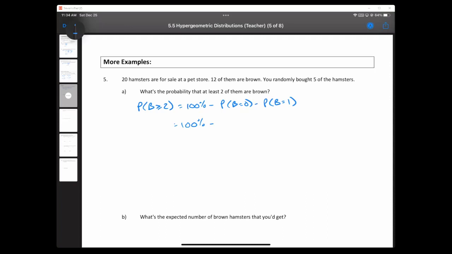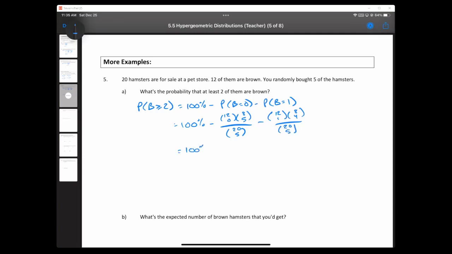Okay, so 0 brown. 12 of them are brown, so we have 12 choose 0, and 8 non-brown, we're going to choose 5 of those. And on the bottom, there are 20, and we're going to choose 5 total. This one we just change a little bit: 12 choose 1, 8 choose 4, over 20 choose 5.